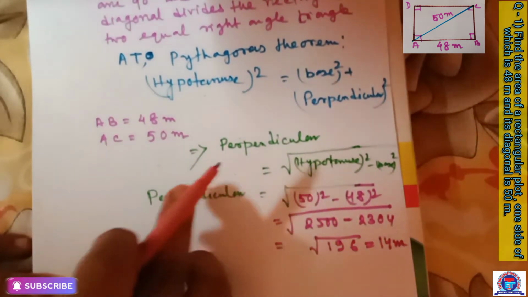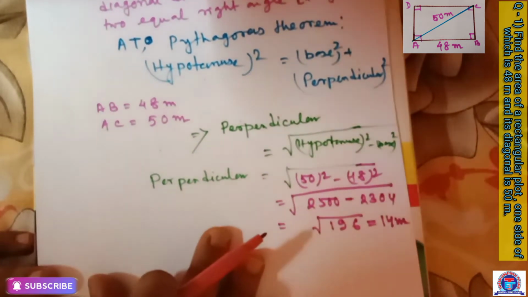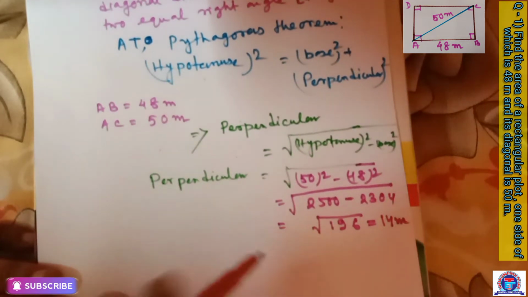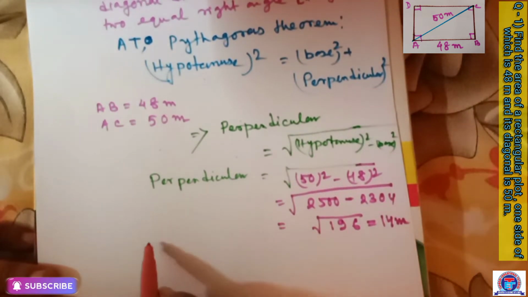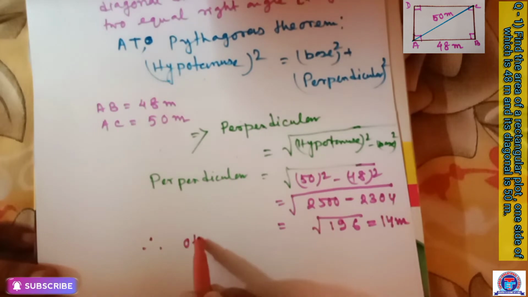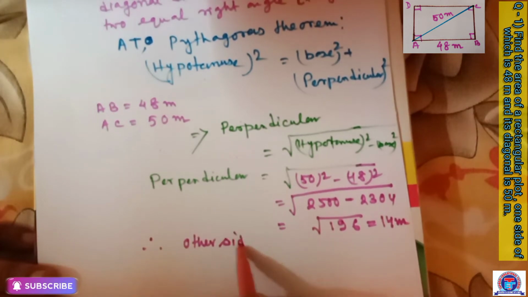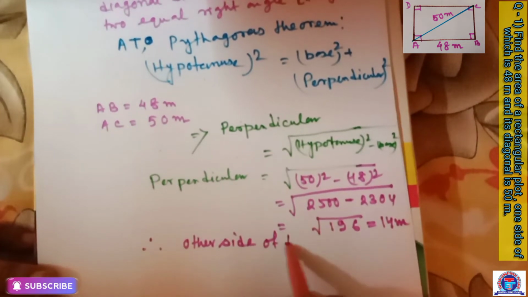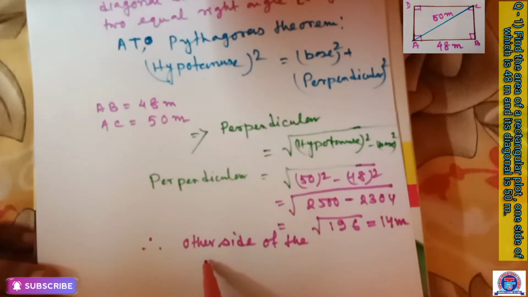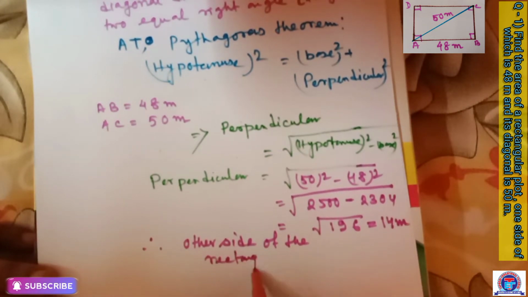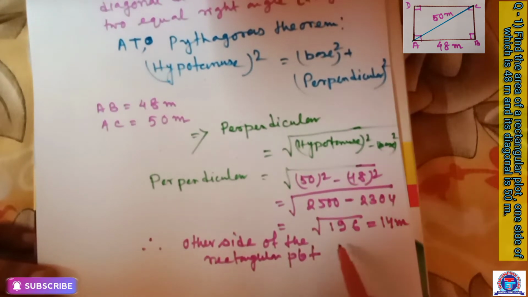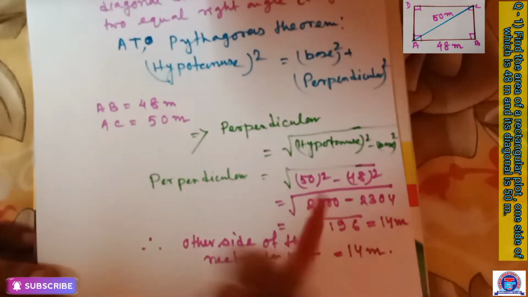That means we got the perpendicular. So the other side of the rectangular plot is equal to 14 meter.